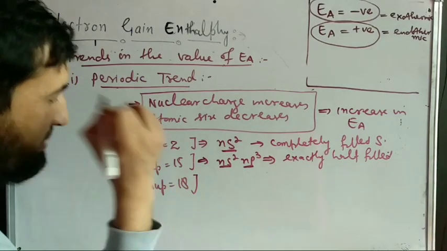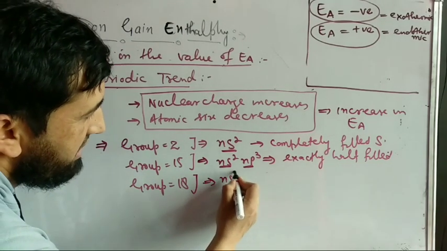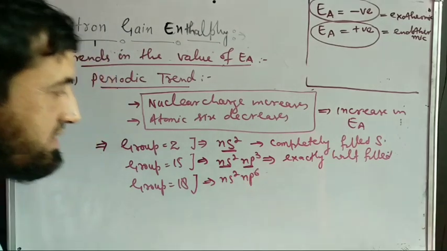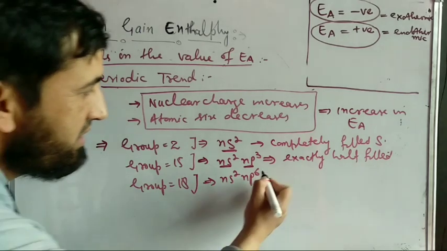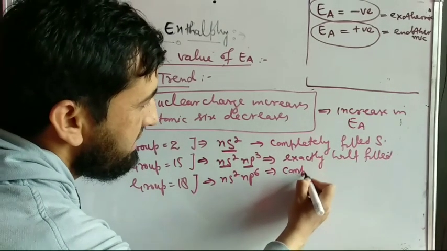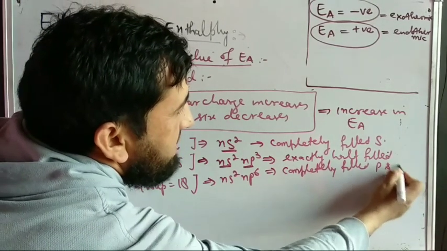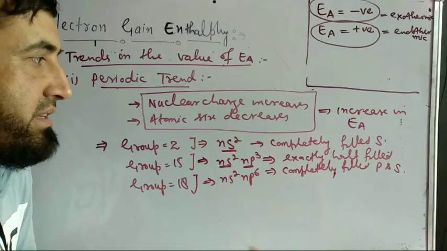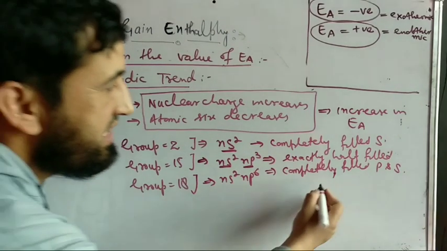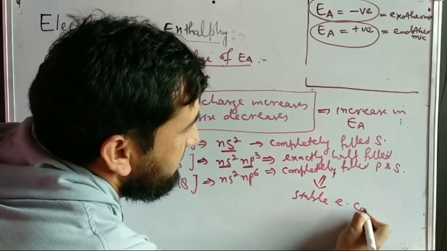Similarly, if we take the example of group 18 elements, that is noble gases, they have the general electronic configuration of ns2 np6. That means these noble gases have completely filled s and p subshells. As you know, completely filled and exactly half filled subshells lead to a stable electronic configuration.